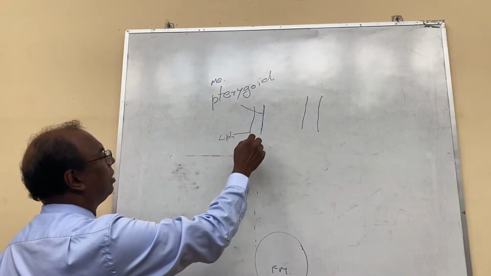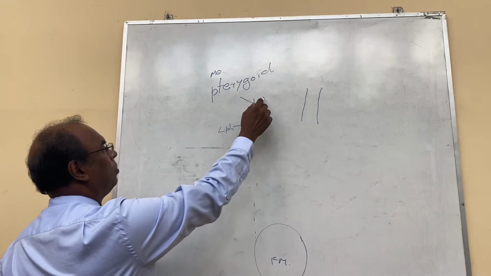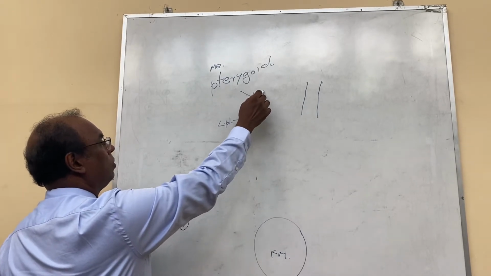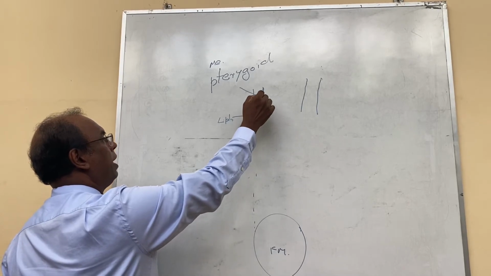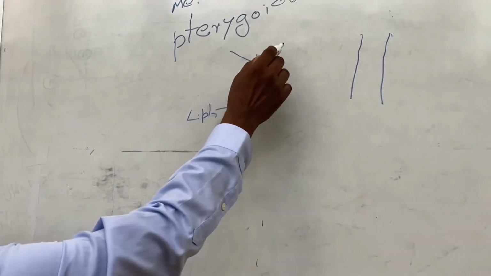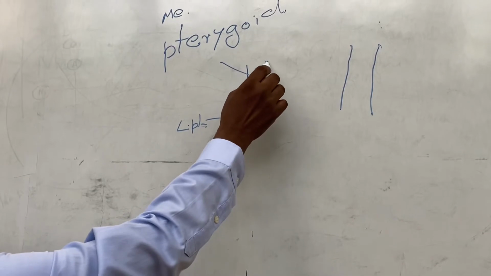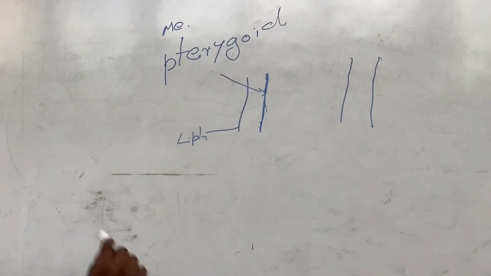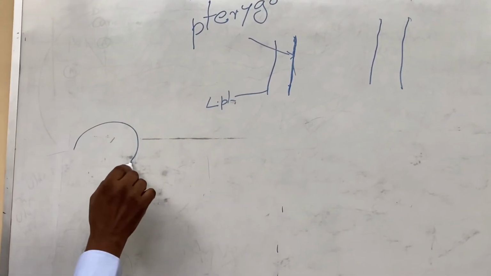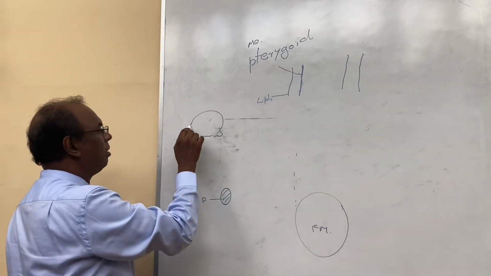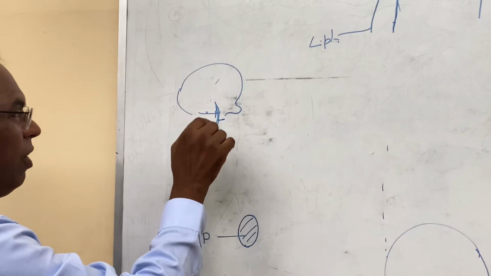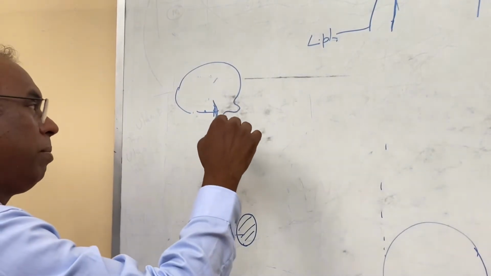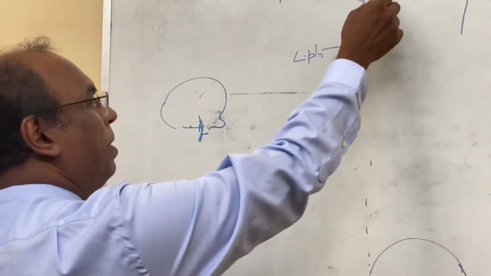Now I am going to go along the medial pterygoid plate. If you put the skull like that, you have to go down. Pterygoid plates are like that, so you go down. If you keep the base up, then you have to go up.